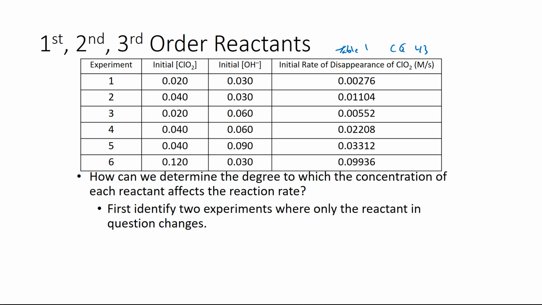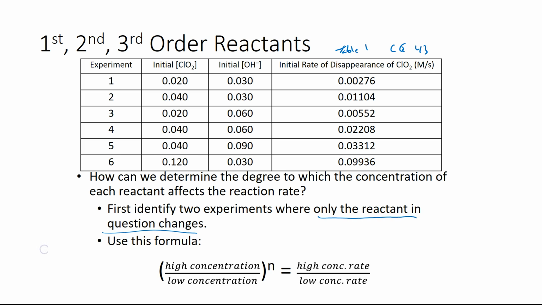First, we're going to look at each reactant singularly. The way we can do that is we're going to identify 2 experiments where only the reactant in question changes. Then we can use this formula: high concentration over low concentration, to the n power, equals the high rate over the low rate.